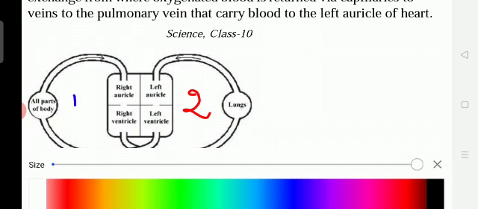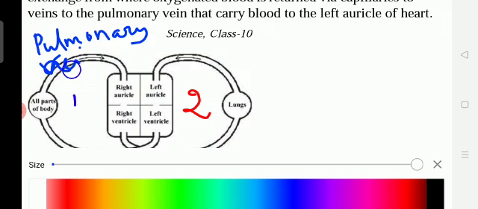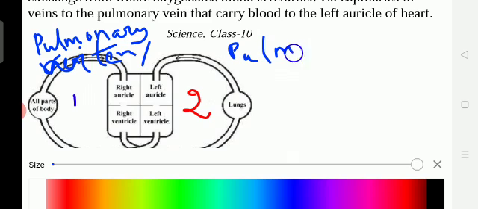So here we take the pulmonary artery, and this one we write as the pulmonary vein.